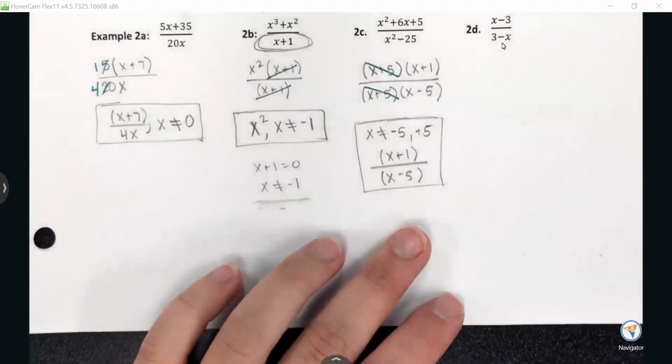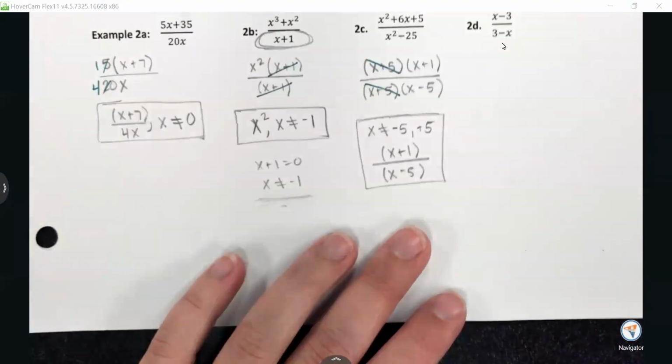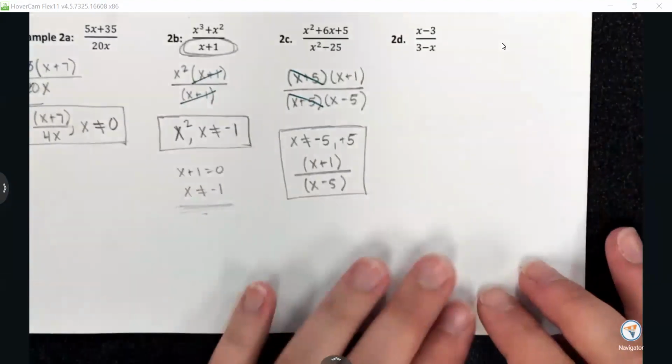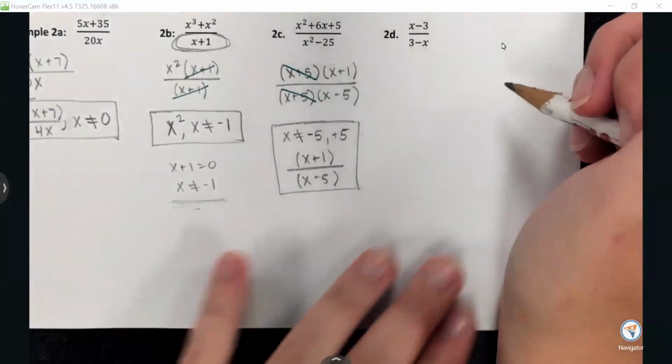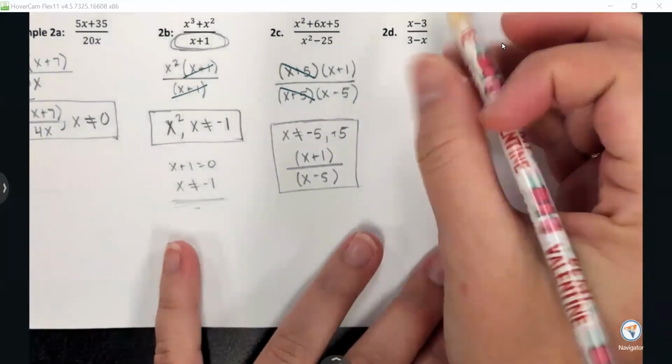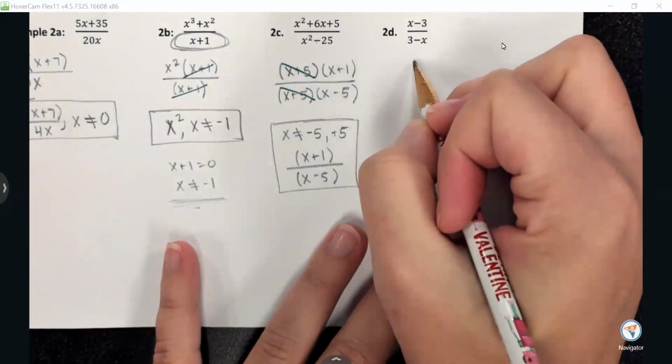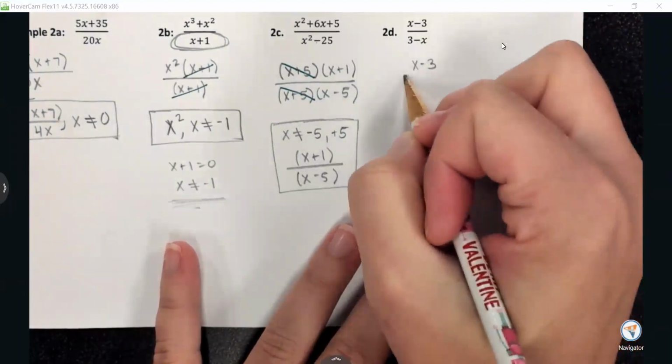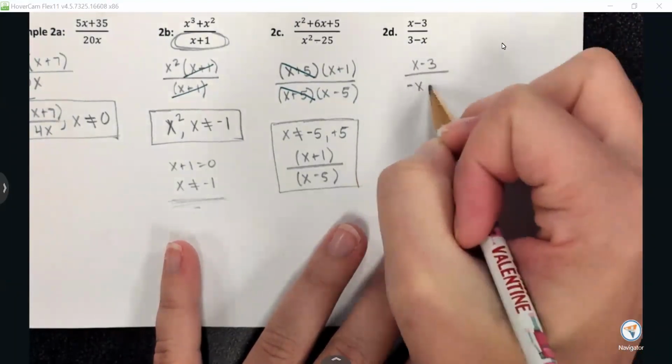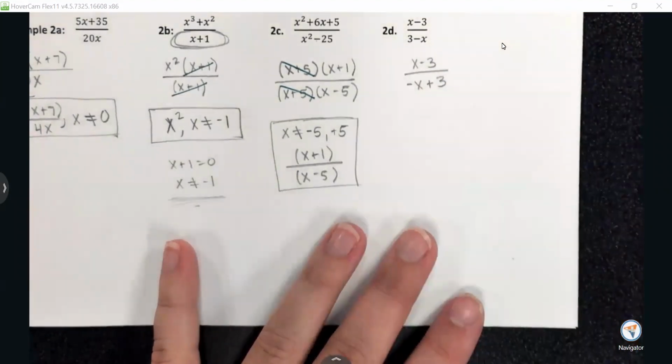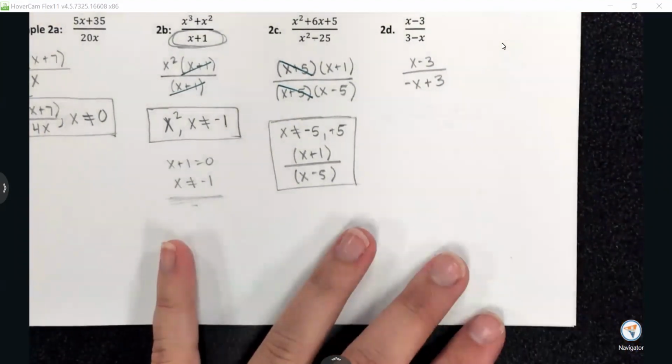All right, let's go do letter D, and then you're just going to practice the rest of the class period. Letter D looks easy and tricky at the same time. So if I were to rewrite this, I have x minus 3 over -x plus 3. All I did is rearranged it.